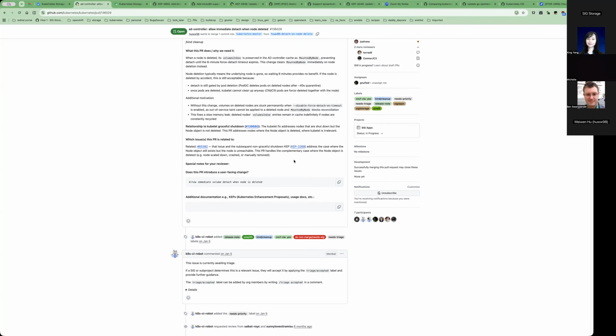Like the CSI driver pod should be deleted first, and then it should delete the workload pods. Don't you mean the opposite? Yeah, delete the workloads first and the CSI pod last, if the node comes back within the 6 minutes.